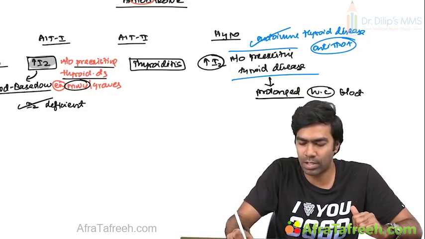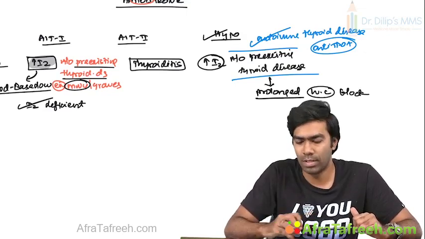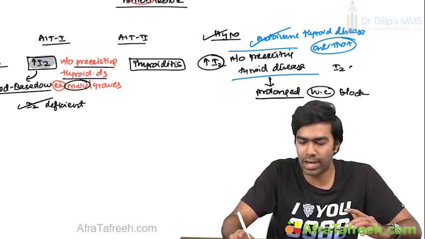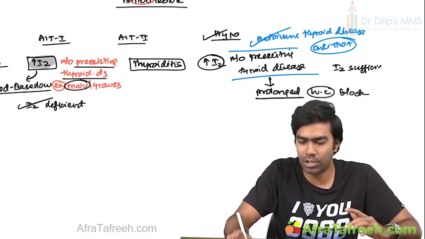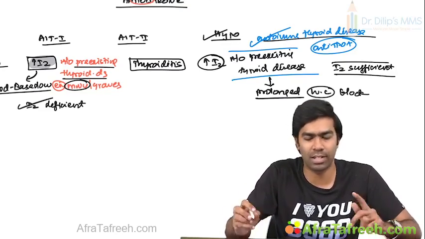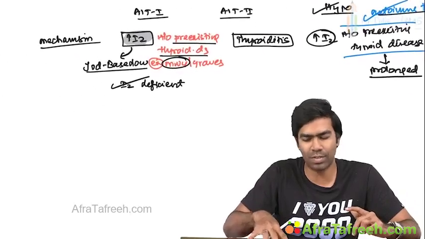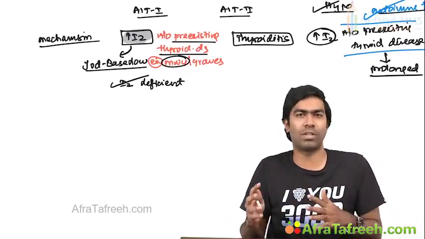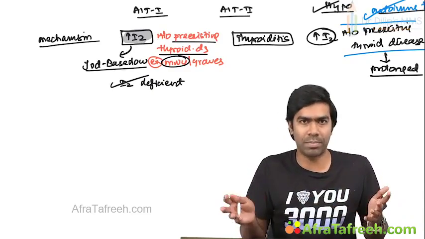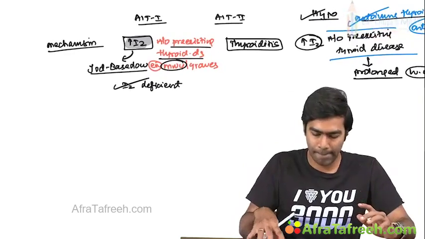So that's the reason why they go for hypothyroidism. But remember, this iodine-induced hypothyroidism is very common in iodine sufficient areas, because these autoimmune thyroid diseases are very common in iodine sufficient areas rather than deficient areas. Even though we classify based on mechanisms, iodine deficient or iodine sufficient areas, anything can happen in any patient, so you have to be very clear about that.